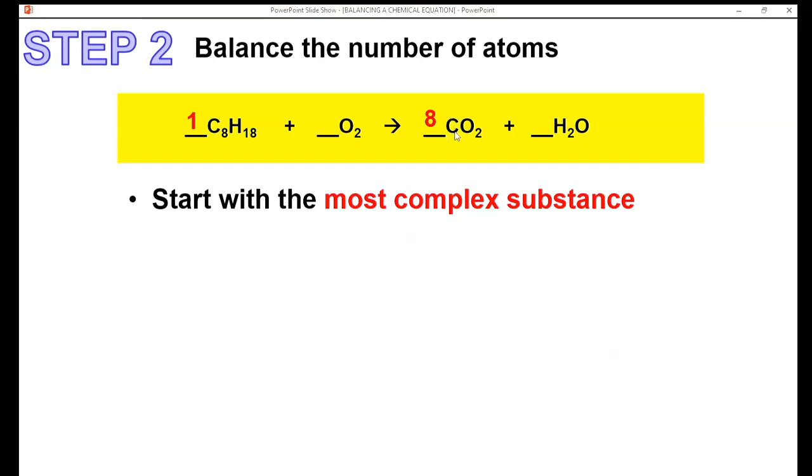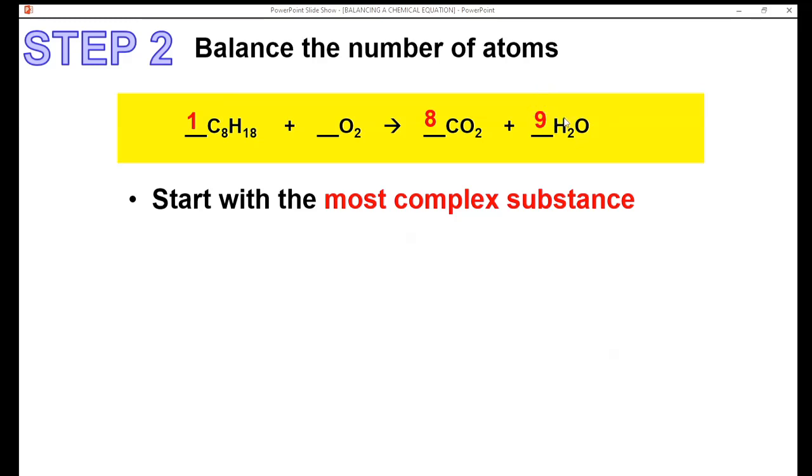The next is we are going to balance hydrogen. In octane there are 18 moles of hydrogen atoms in 1 mole of octane. So over here at water, we need to multiply H2O by 9, because 9 times 2 is 18. So we have 18 hydrogen on the left side and 18 hydrogen on the right side.